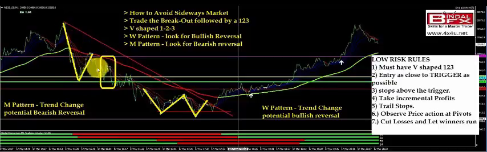And the V-shape is formed when you get a break of point 2 and point 3. And this should be your entry point, as close to the trigger line as possible, and the ribbon all falling down. Also here, observe this M pattern.